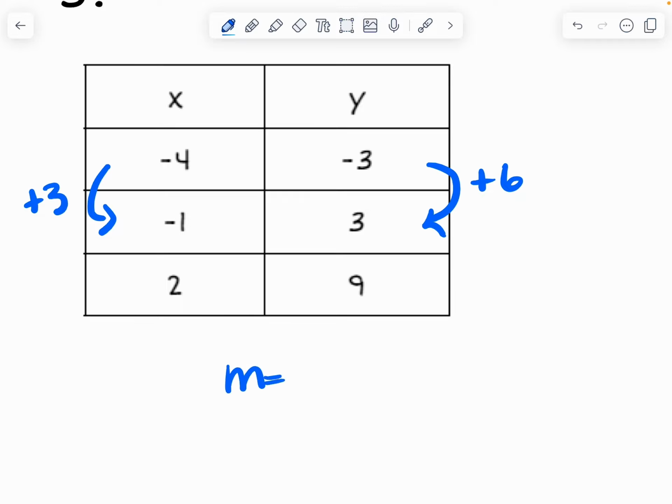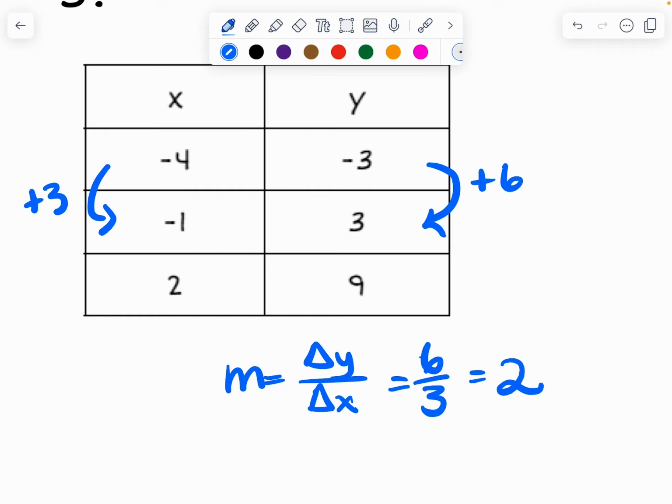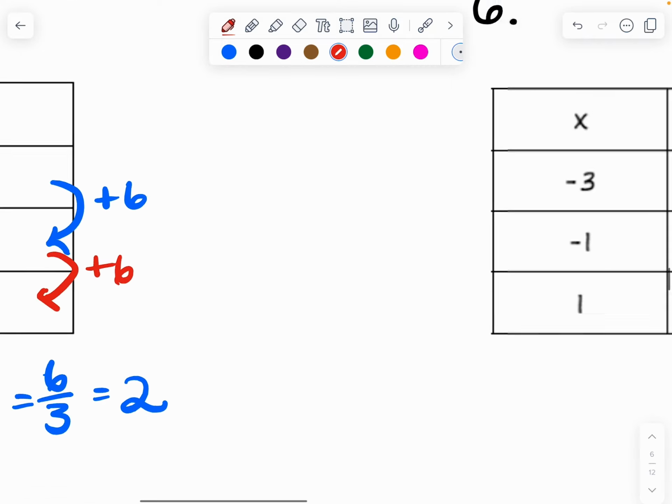So my change in y over my change in x, so 6 over 3, so my slope is 2. Now some of you may have said, well, can I use the other number? Sure, I could have done from here to here. That's adding 6. That's adding 3. I would have gotten the same thing.